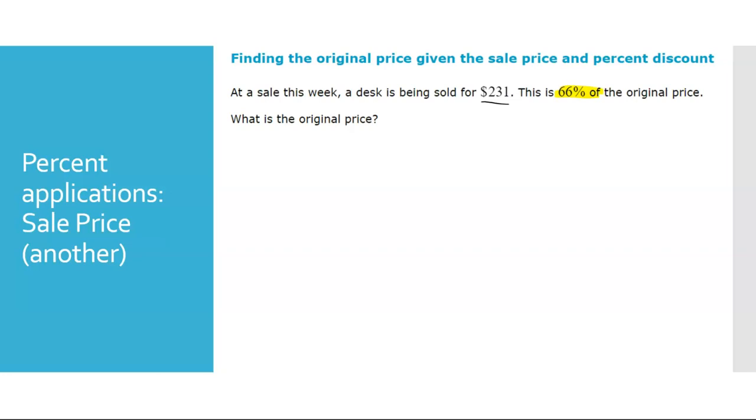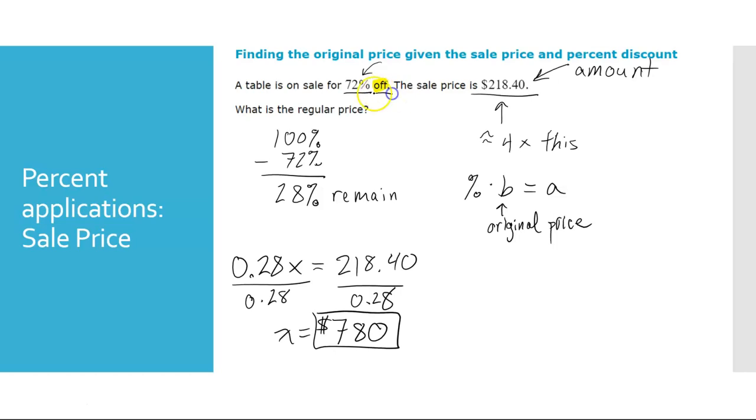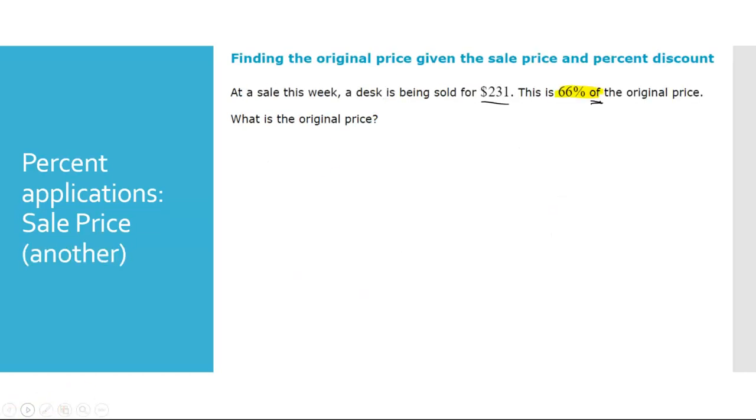That means I don't need to find what percentage is remaining because it's 66% that's remaining. And again, the difference here is this is the word of, and in the previous problem, we had the word off, 72% off. What we have here, using percent times the base equals the amount, so we have 0.66 of the base, I'll call it X, so the original price of the desk, equals 231.